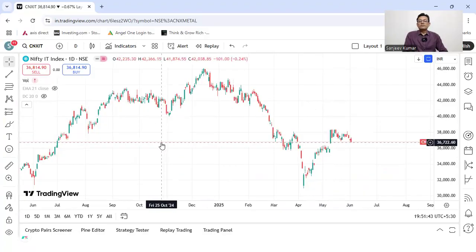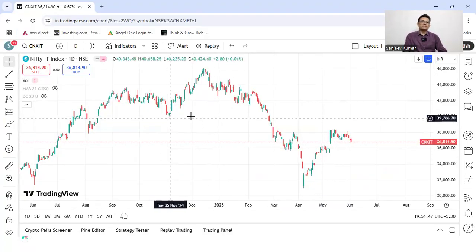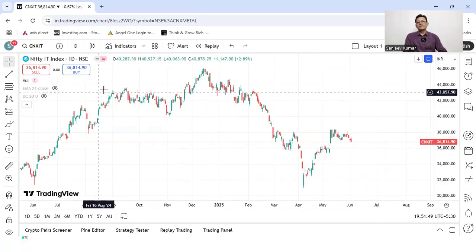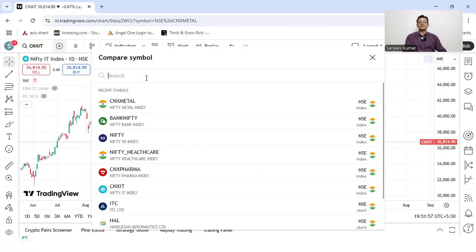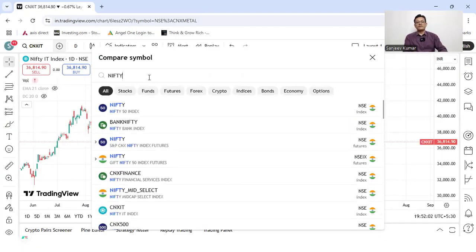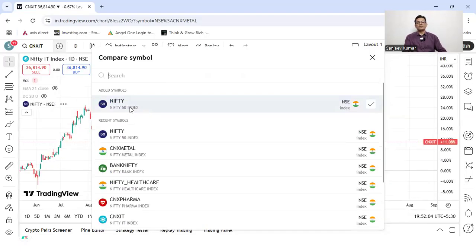So you can compare, there are two ways to compare the sector. One is, here you can compare with the plus button. Okay, Nifty IT is already open here. You can click the plus button and select Nifty 50.